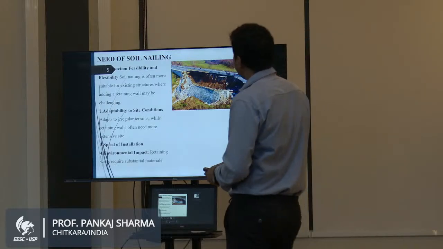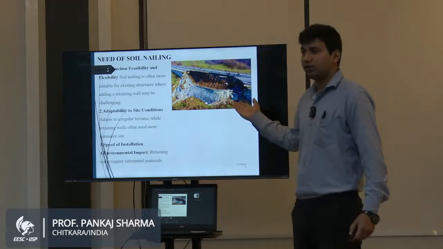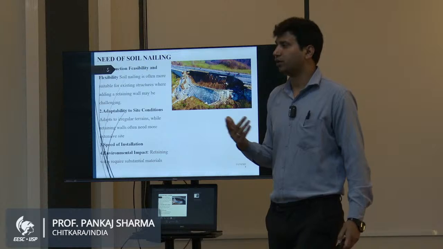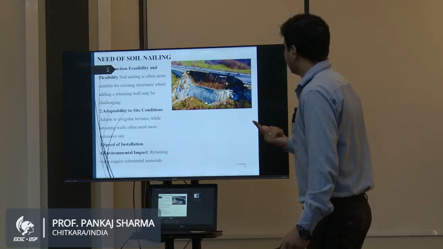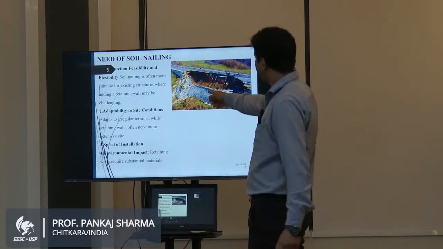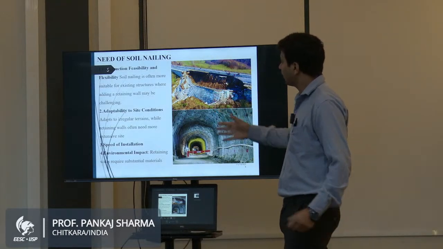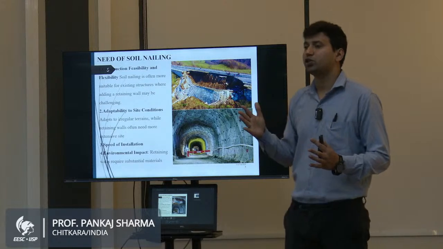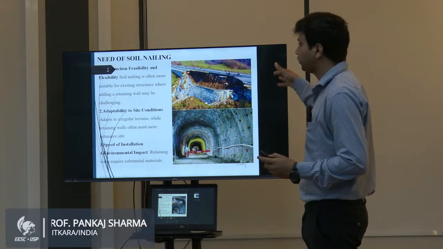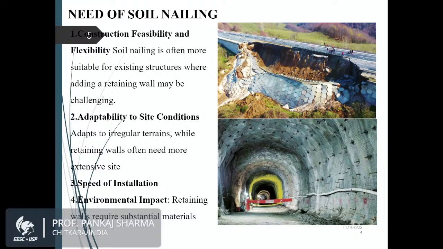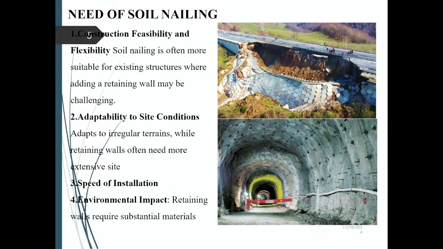Also, people may think: if we have a retaining wall here, what is the requirement of soil nailing? A retaining wall can provide support to the outermost periphery, but it cannot reinforce the inside soil mass. So in order to reinforce the soil mass, we use this technique.